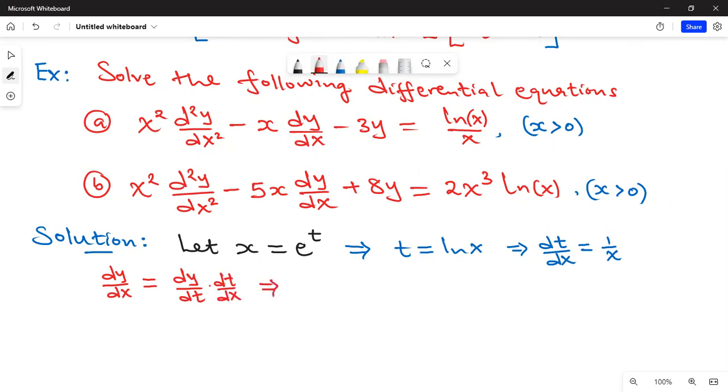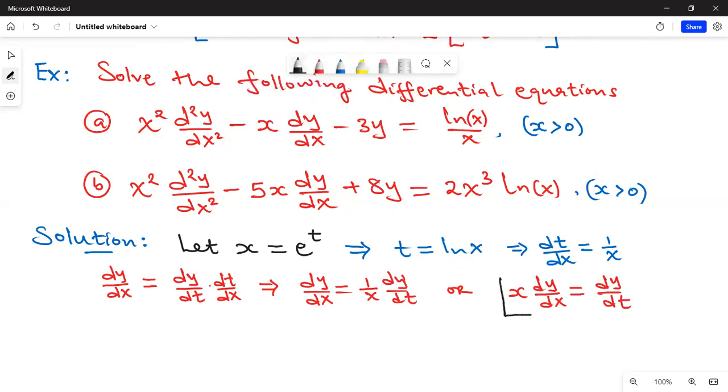If I replace dt over dx by 1 over x, we get 1 over x dy over dt. Or if I multiply both sides by x, x dy dx is the same as dy dt. So that's how we transform the first derivative: the product of x and dy dx gives us dy dt.